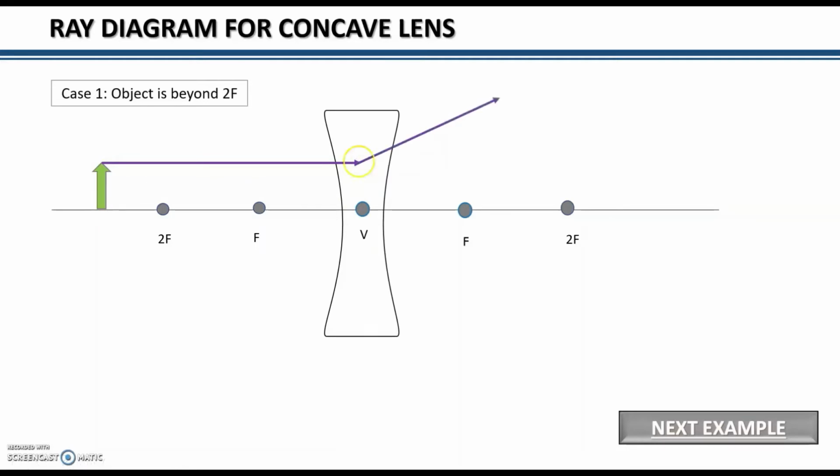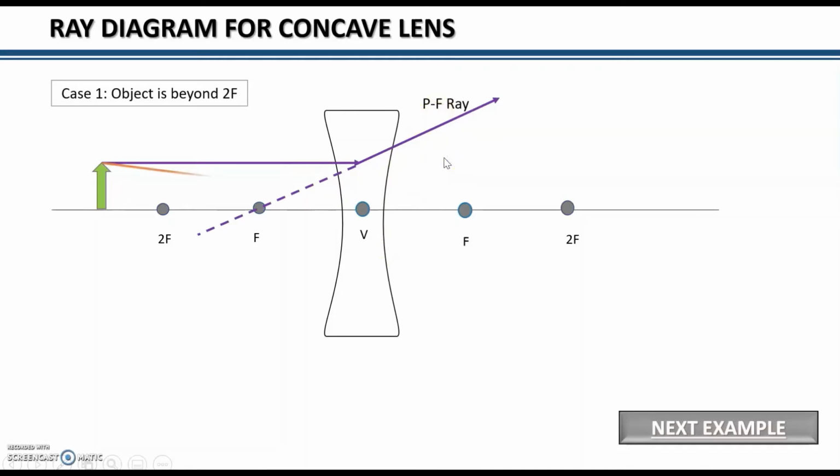But as it bends upward, it refracts upward, and once you extend the light rays backward, it is passing through the focus. So this is what we call the PF ray. Again, P is the principal axis, F is the focus. So this is the first ray.